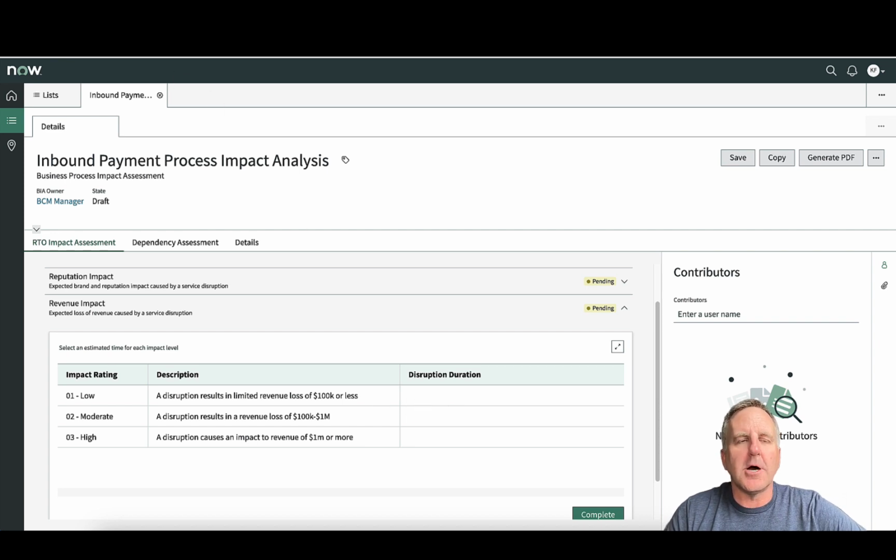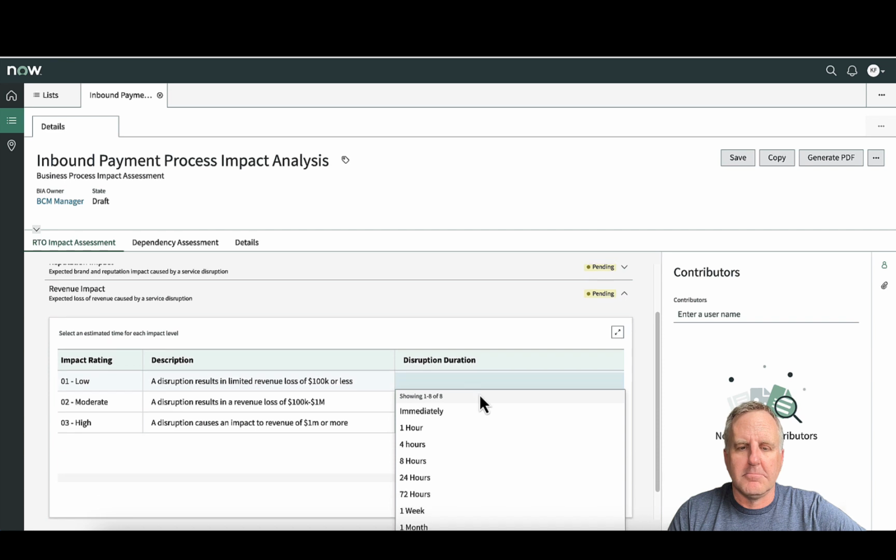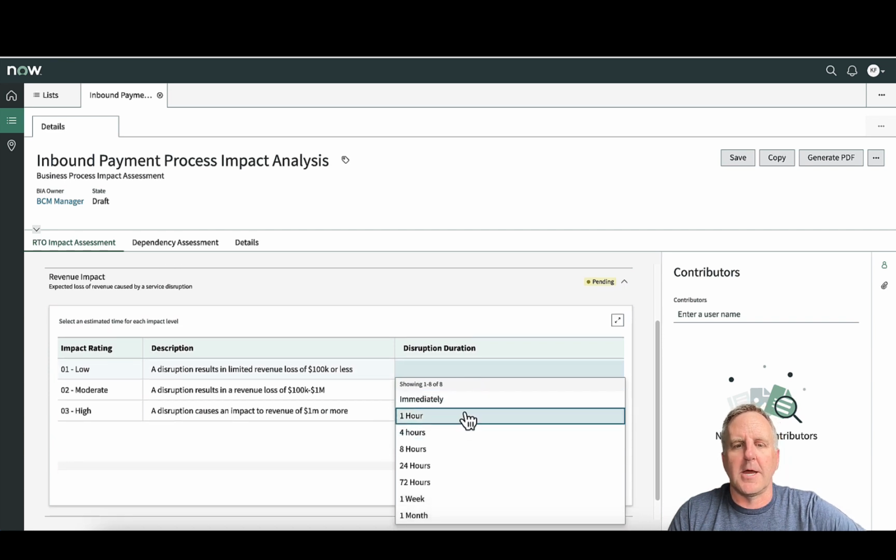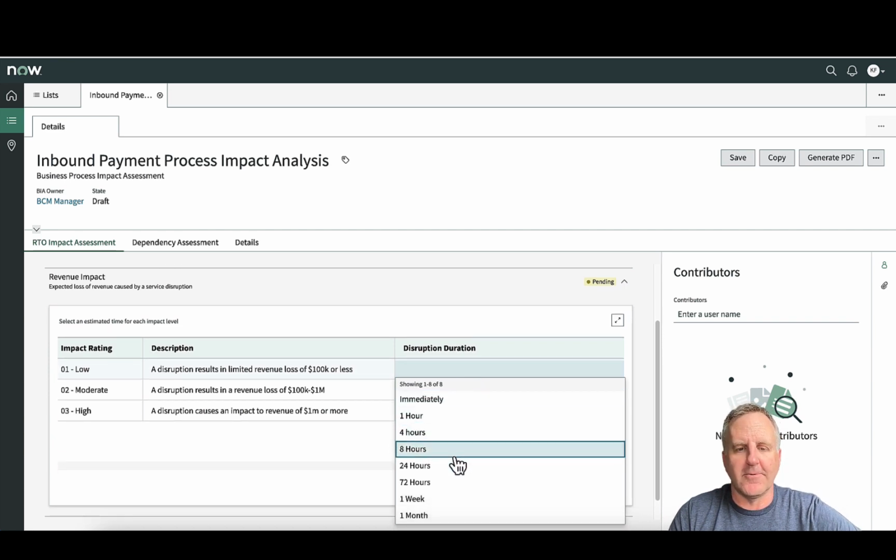So this comes from my recovery time frames. All of these disruption durations are going to play into determining the RTO for this payment process. If I look at what's available to me in this disruption duration, you'll see that it's blocks of time, okay? 1 hour, 4 hours, 8 hours, 24 hours.